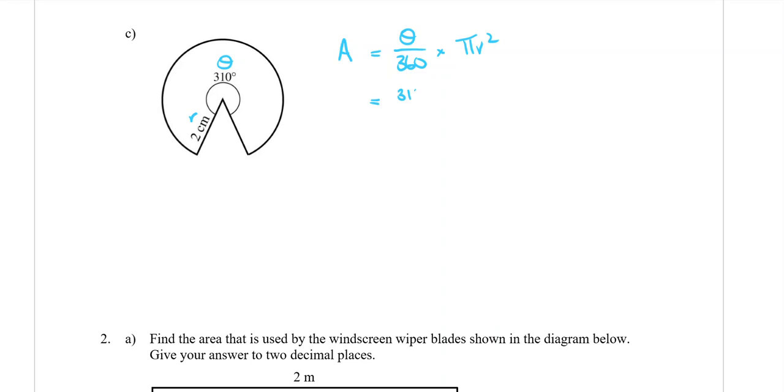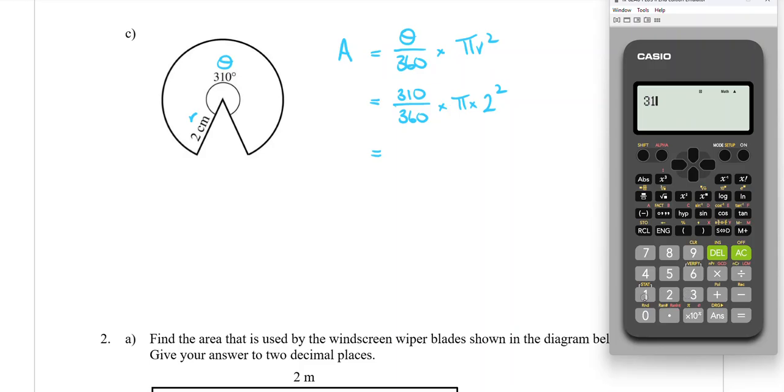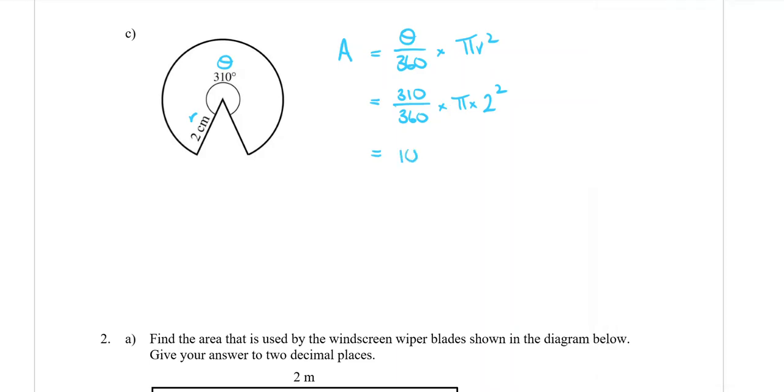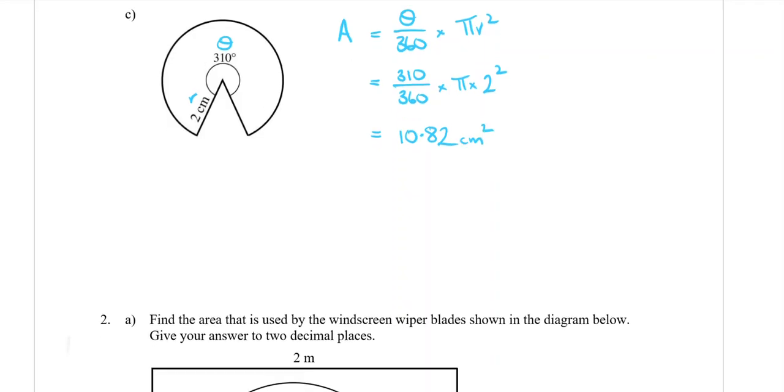So 310 over 360 times pi times 2 squared. In the calculator, 310 over 360 times pi times 2 squared is 10.82 centimeters squared.